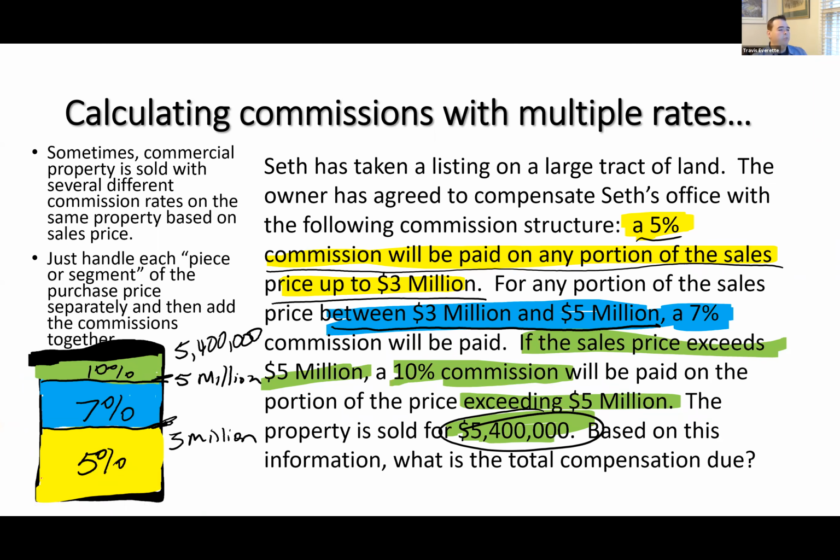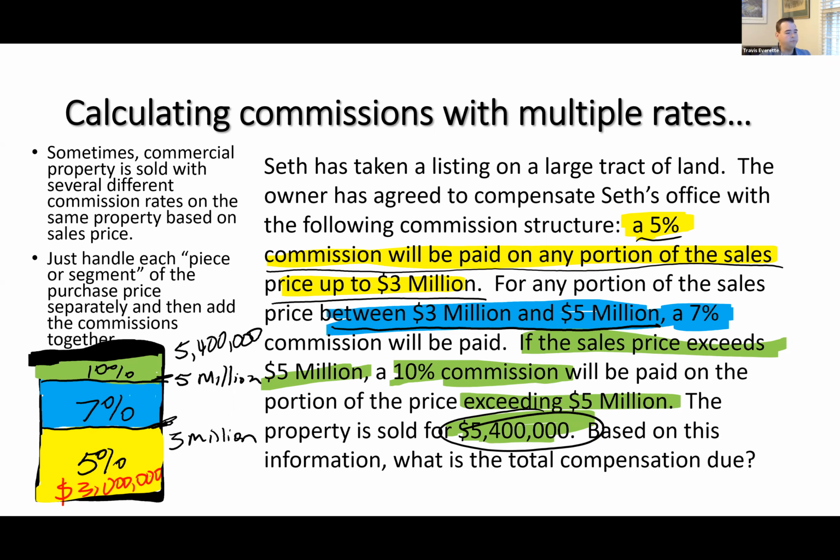If we look at the yellow box, how much of the sales price is covered in that box? It looks like to me that's $3 million, right? The first 3 million on any portion up to 3 million is in that yellow box.